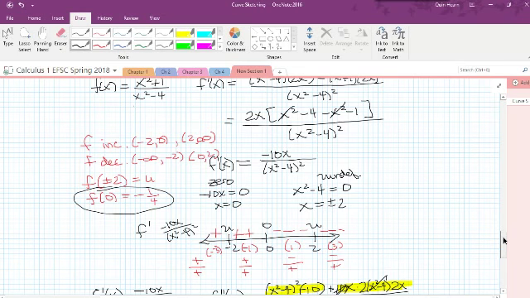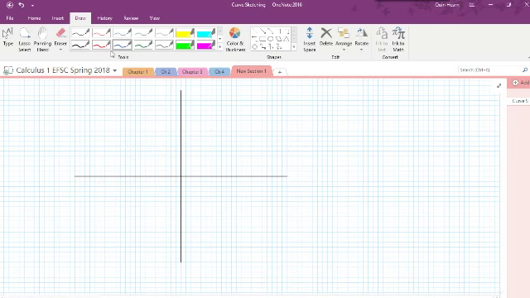And then we're also going to plot our asymptotes, and we'll make this 1, 2, 3.